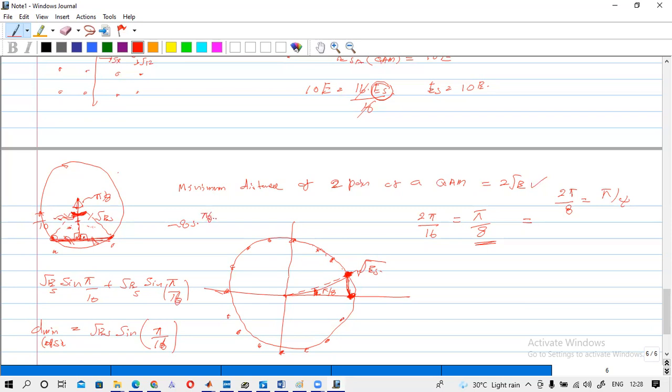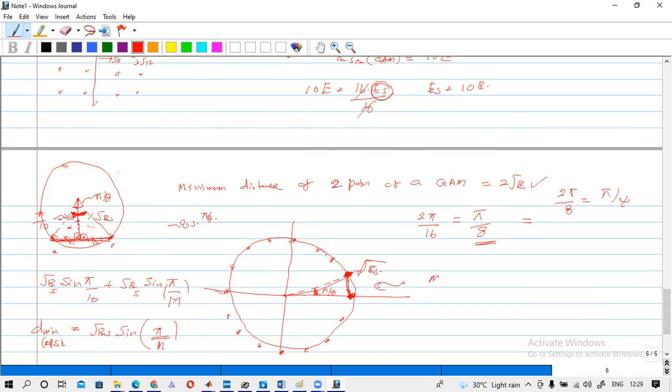So it will be root Es sine π by 8. Likewise, in QPSK, you will get root Es sine π by 4. Actually, this will be the number of symbol n. So this is the general distance between two adjacent points in PSK.